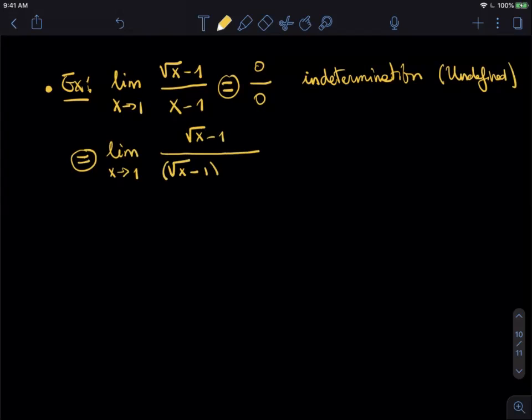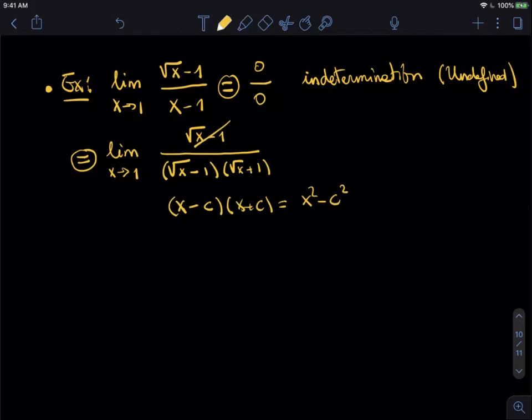The denominator, we can write it as square root of x minus 1 times the square root of x plus 1. Here we are using the property that x minus c times x plus c equals x squared minus c squared. We will use this a lot. So instead of x, I'm placing a square root of x. Instead of c, I'm placing 1.